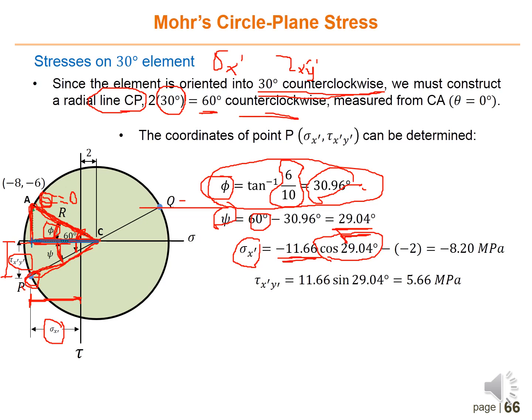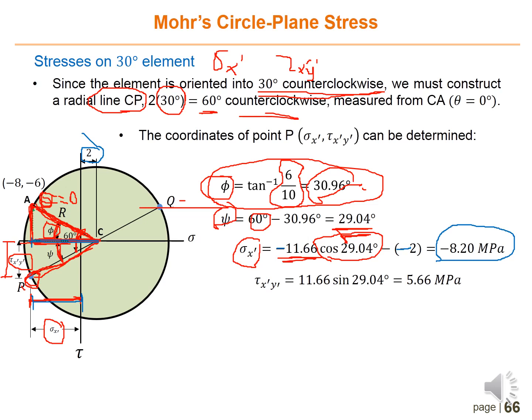But we want to know the distance from point P to the origin, so you have to subtract 2 here. Since it is on the left side, and the sign convention is negative, this one is also negative. So minus negative 2, and you will get negative 8.2 megapascal for sigma x prime.